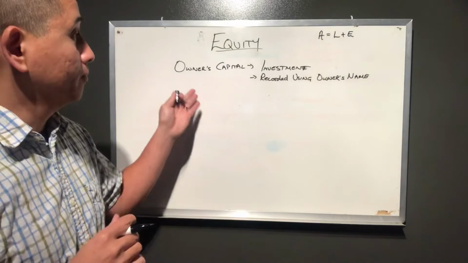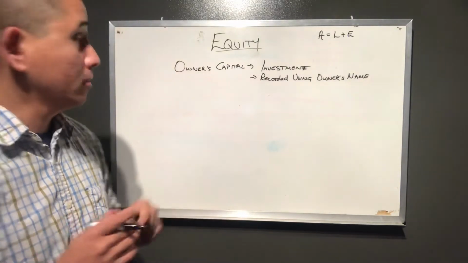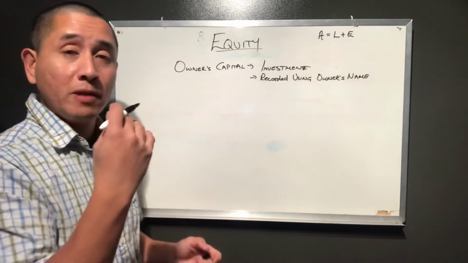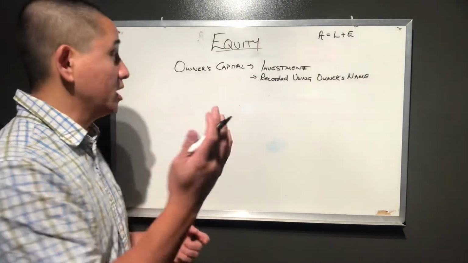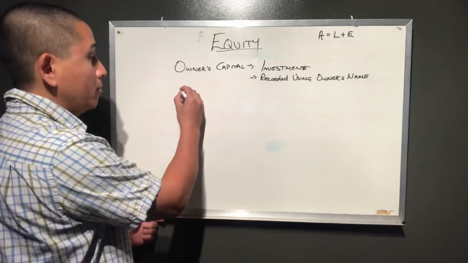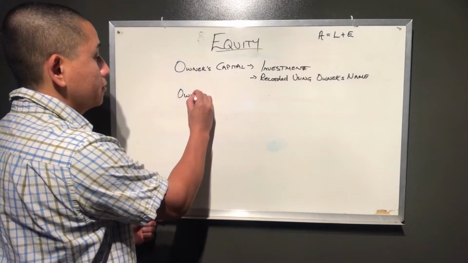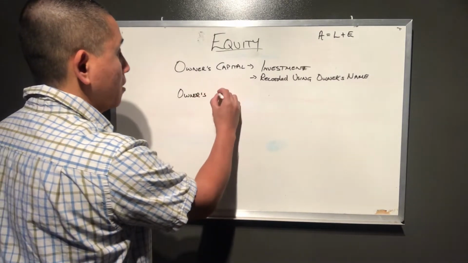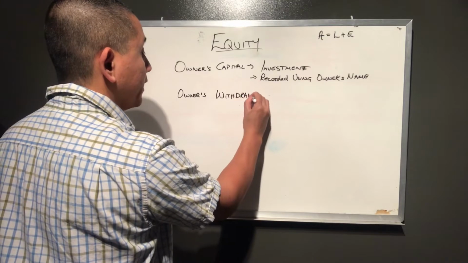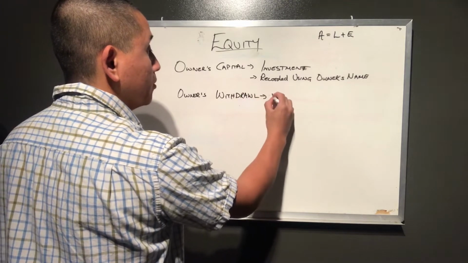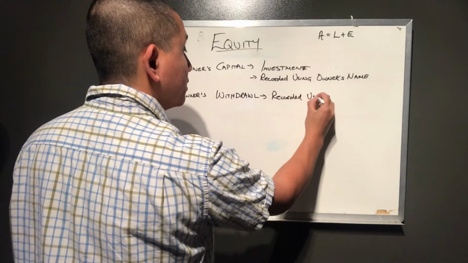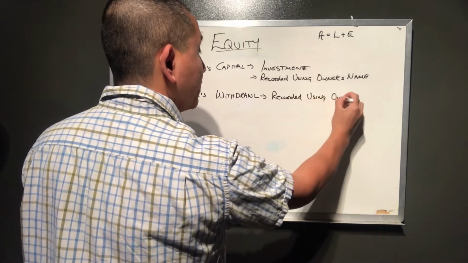Now, as I alluded to there, if I want to take out money, again, it would be recorded in the owner's name as well. If I wanted to withdraw certain money, there would be an owner's withdrawal account, again recorded using the owner's name.